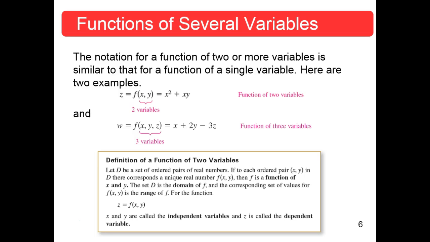If to each ordered pair, x, y, in that set that you have, there corresponds a unique real value f of x, y, it could be your z if you wanted to call it that, then z is a function of x and y. Not a function just of x, not a function just of y, but of independently x and y. The set D is called the domain. So now you've got a set of ordered pairs.